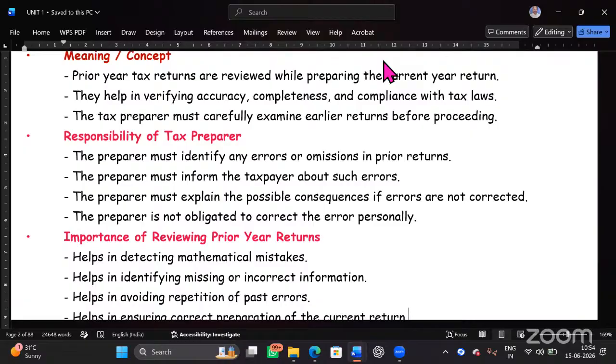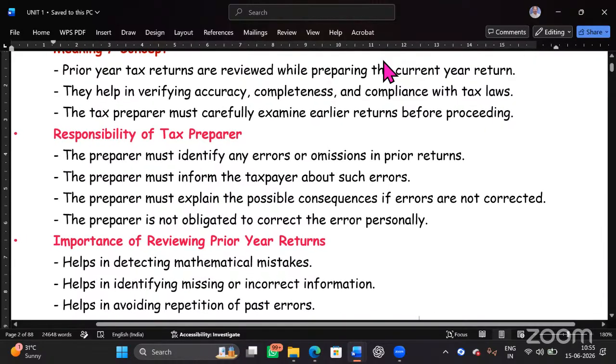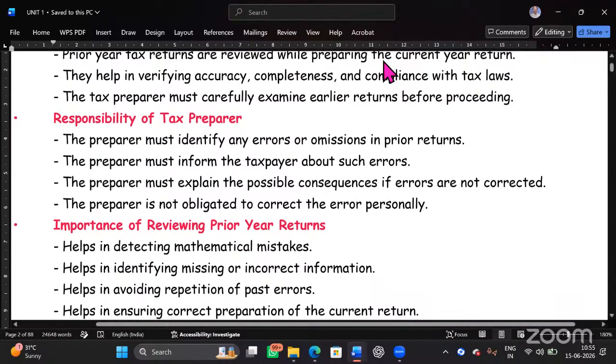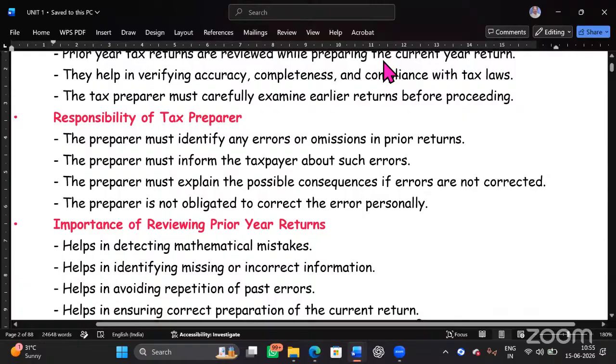So the preparer must identify any error or omission that occurred in the last year returns. The preparer must inform the taxpayer of this error from the last year returns, and advise the taxpayer to rectify that error in the current year.